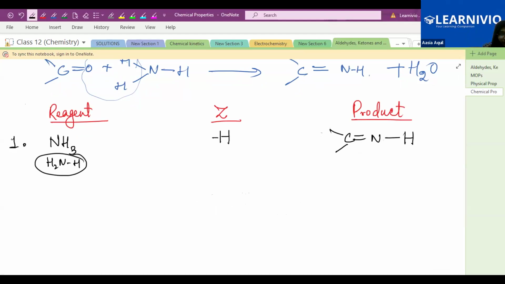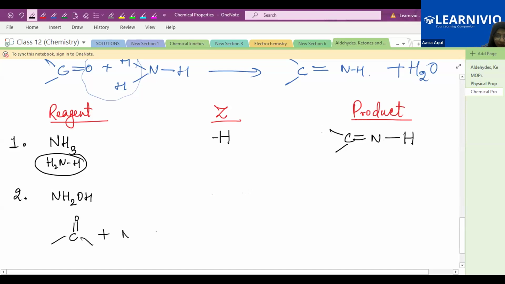Second, suppose the second reagent is hydroxylamine. What is hydroxylamine? Hydroxyl means the OH group, and amine is NH2. So NH2OH is our reagent, and suppose we treat this reagent with a carbonyl compound.